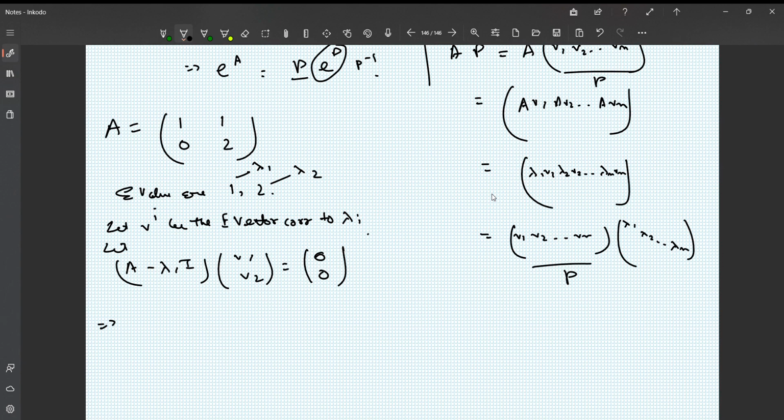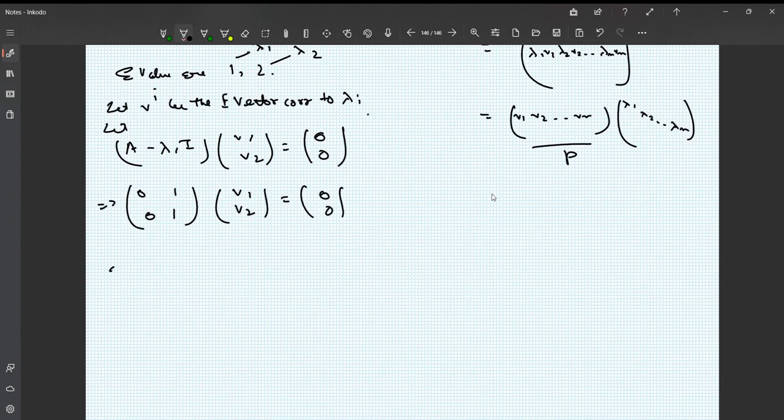So we have A minus I, right? So it's 0 here, it's 1 here, it's 1 here, it's 0 here, times V1 V2. So 1 minus 1 is 0, 2 minus 1 is 1, correct? That's 0 0. So obviously this is row equivalent to the matrix [[0, 1], [0, 0]] times V1 V2.